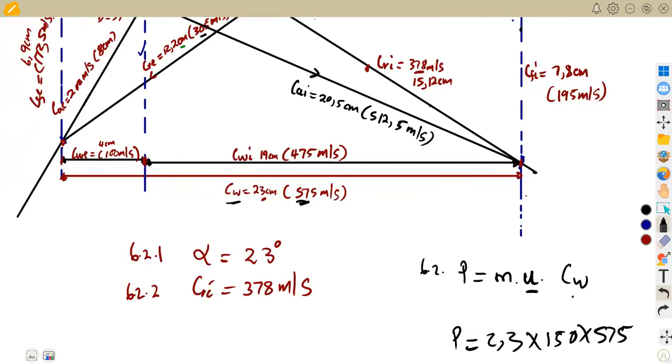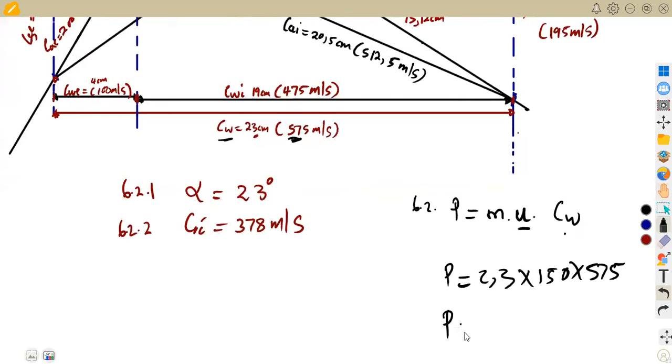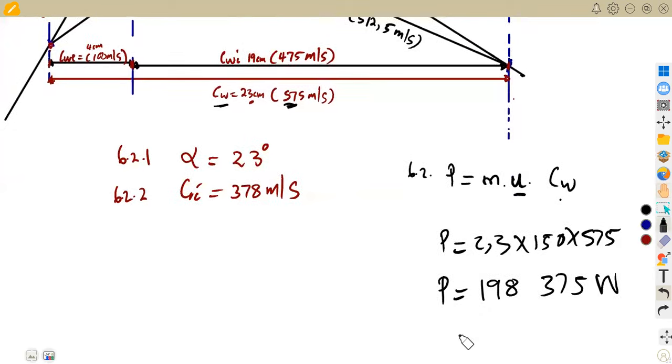That's the whole idea that you need in order to obtain the power. This gives us something like 198,375, which is in watts. But take note, we are asked to calculate the power in kilowatts. So divide by 1,000, and we obtain 198.375 kilowatts.